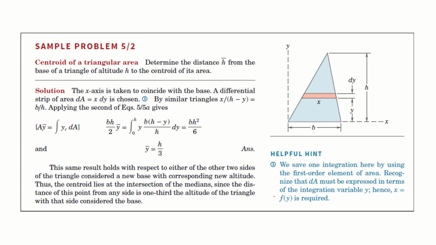Let a very small slice dy move up and down along the y-axis, and based on that small dy we can assume a perfectly symmetrical rectangle with cross-sectional area dA equal to x dy. That is your area A.